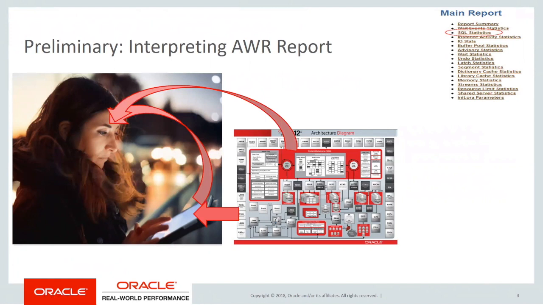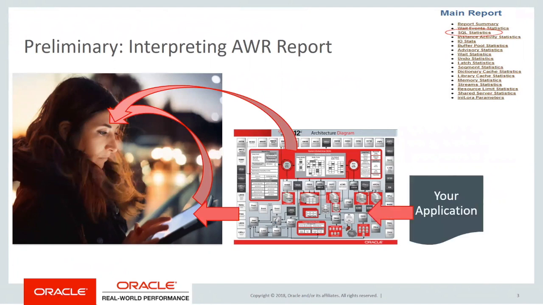But what also helps you in understanding an AWR report is realizing that the AWR report is reflecting the workload that the database has been servicing and that was generated by your application. So if you have some knowledge about the application that was generating this workload towards the database, that too really helps in understanding an AWR report.